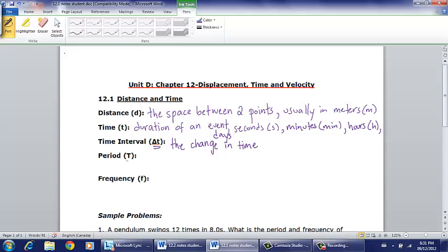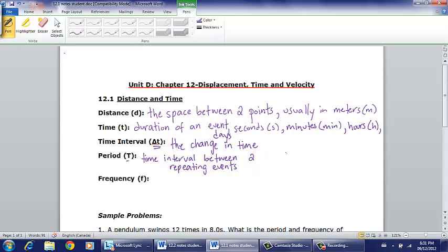Period, which is abbreviated capital T, is the time interval between two repeating events. For example, the cycling of a pendulum back and forth, the amount of time that it takes to go there and back would be the period.